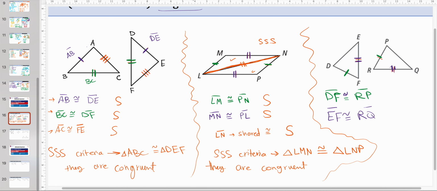But that's not enough, and there are no shared sides. The third side, this one, they did not say that they are congruent. I cannot assume. So I only have two sets of sides that are equal.